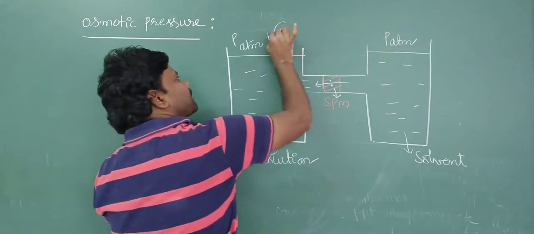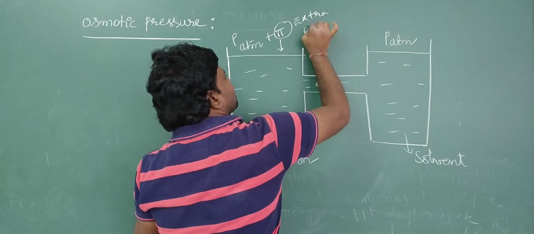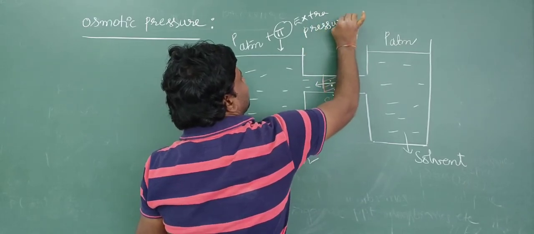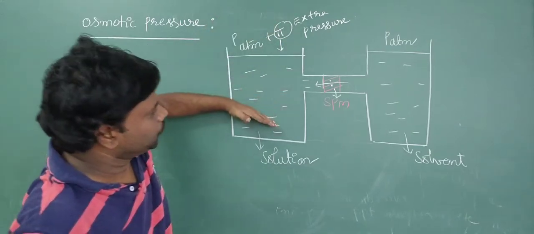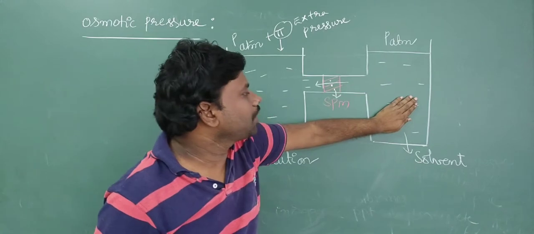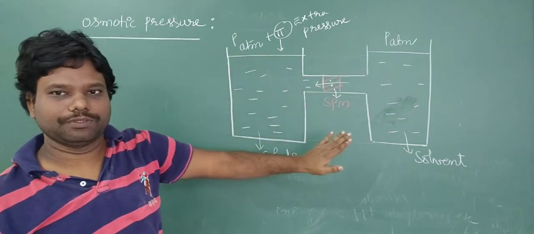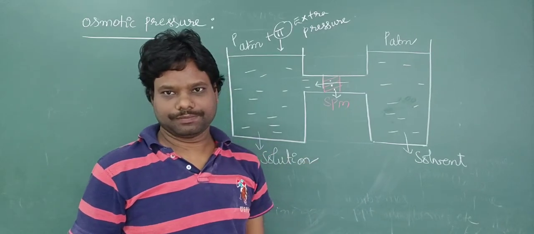Here pi is the extra pressure. When you apply the extra pressure on the solution, the flow of solvent molecules from solvent to the solution can be stopped. Such pressure is nothing but osmotic pressure.